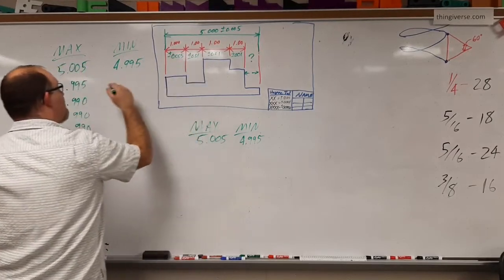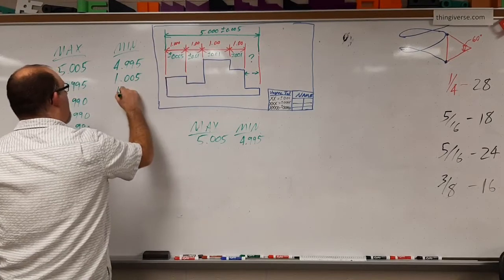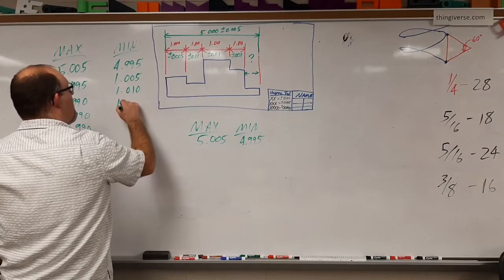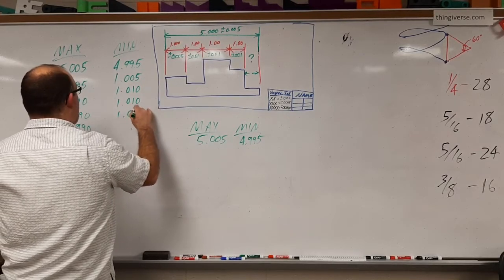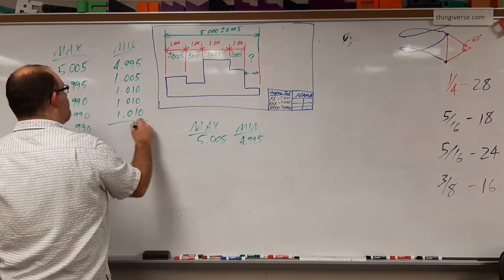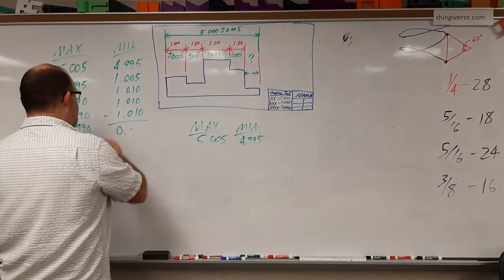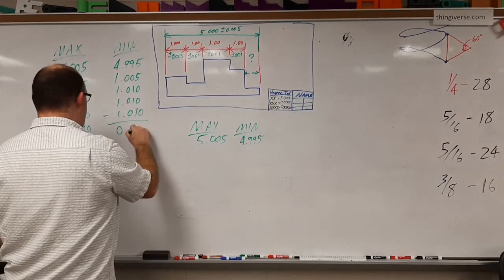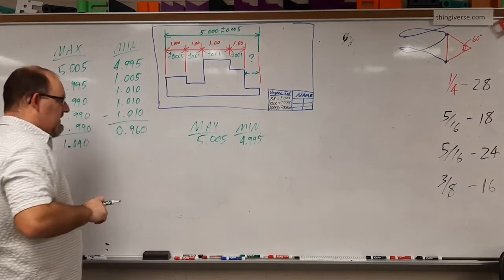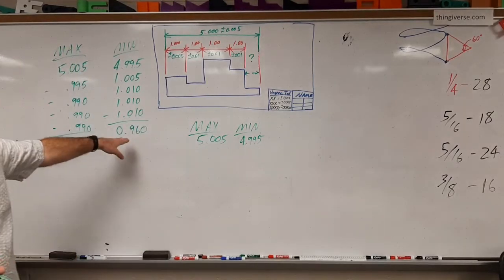So 1 plus 5 thousandths is 1.005, 1.010, 1.010, 1.010. So if we were to subtract all of these out here, we would have 0.960.